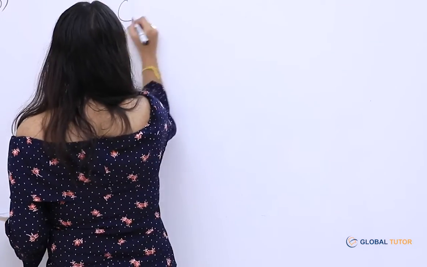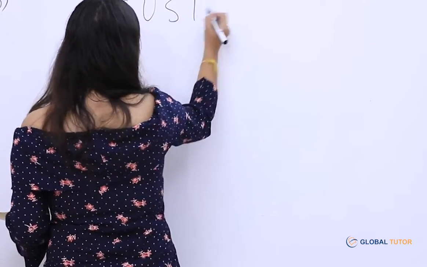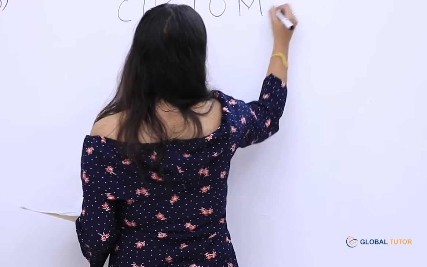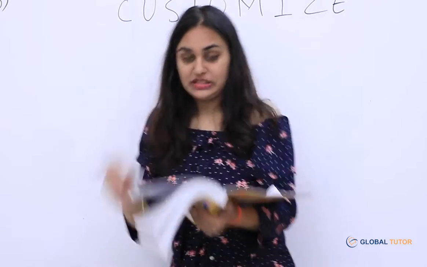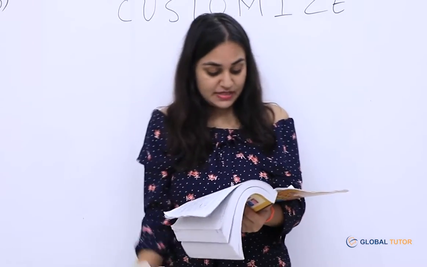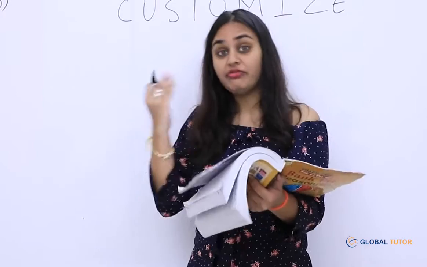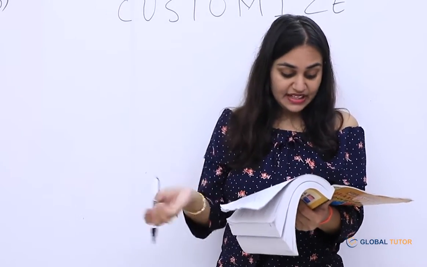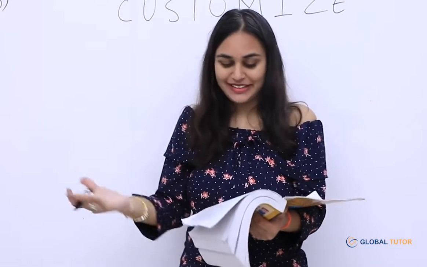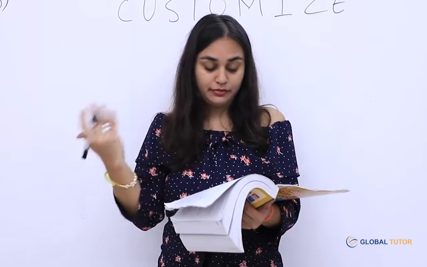Coming to our last question of this episode, which is, by the way, very interesting. I'll read it out. If in the word customize, all the consonants are replaced by the previous letter and all the vowels are replaced by the next letter in the English alphabet, and then all the letters are arranged alphabetically from left to right, which letter will be fourth from the right?